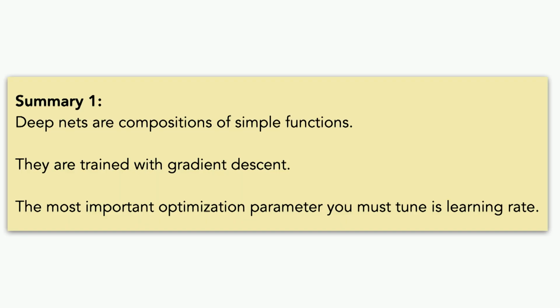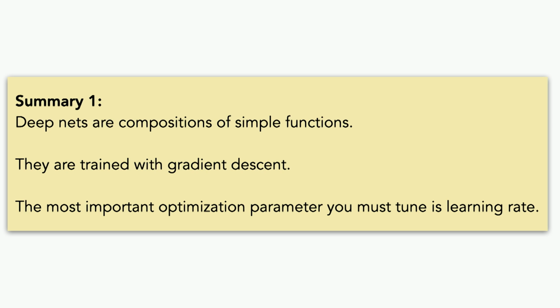Okay, so let's summarize what we've seen so far. We're trying to go through a lot of material, so this is going to be fast, but I want to pause to take a few summaries. One, deep nets are compositions of simple functions. It's take data, do some function on it, do a function on that, do a function on that. It's a composition, a series of layers.